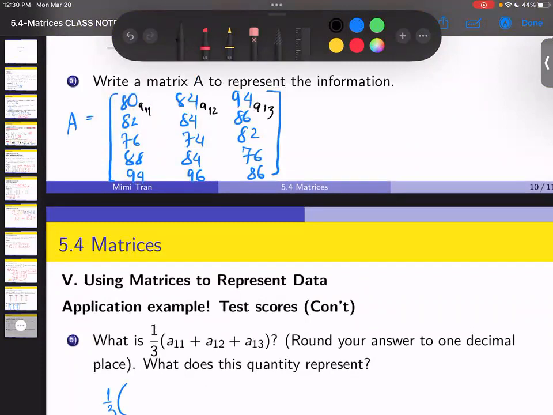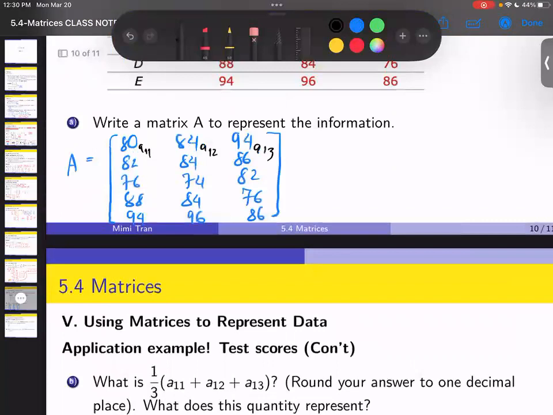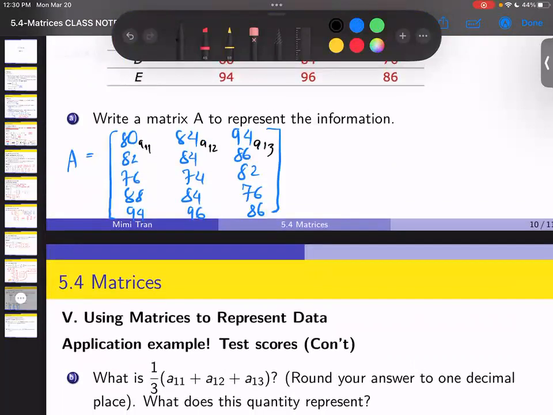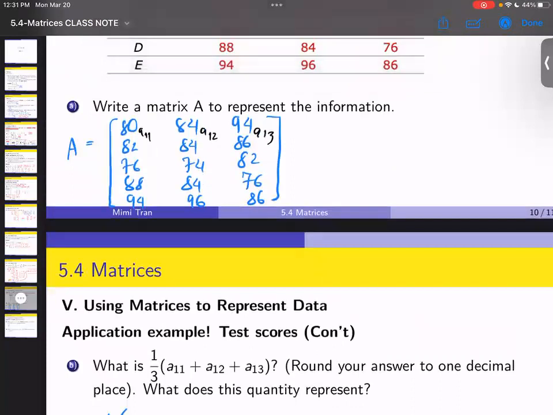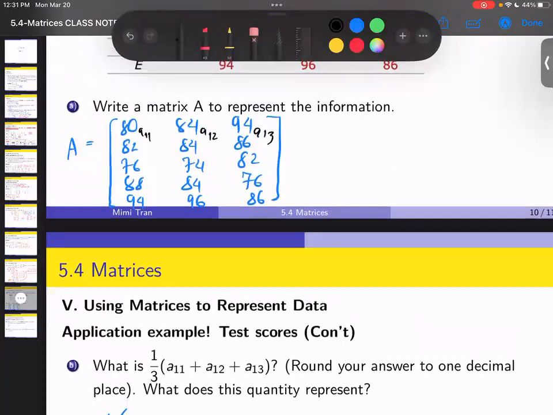All you have to do is add them up and divide by 3, right? What does that mean? When I take 1/3 times those 3 points, what am I doing in this context? I'm taking the average of what? What does that mean in this problem?